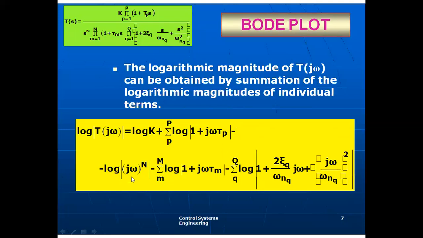So minus log of j omega power n, this is for s power n, minus the summation of log of 1 plus j omega Tm, minus the quadratic function. So here you can see that the multiplication and division in the actual transfer function is transformed into addition and subtraction on the logarithmic scale.